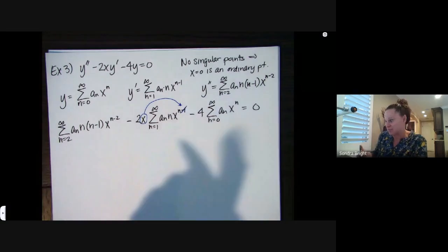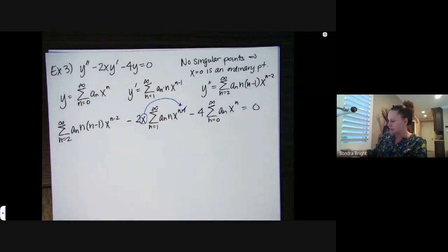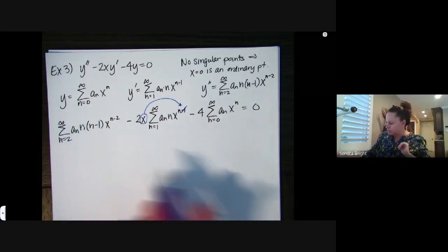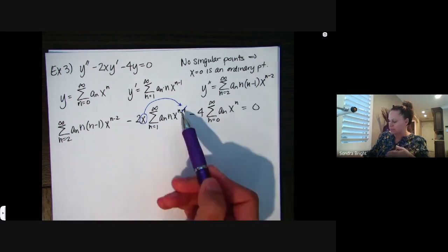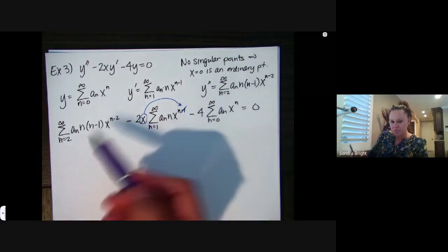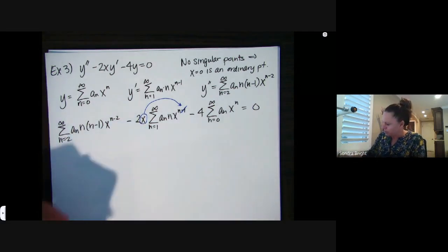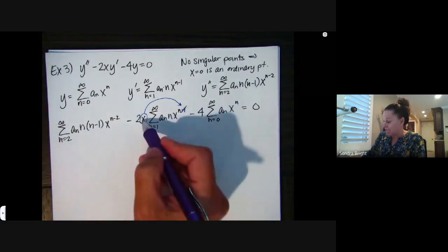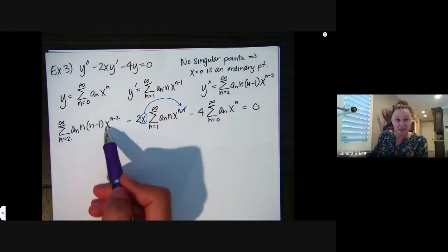If you can do that, that definitely helps, because you've got to change all these indices to match, and you want to start with the powers on x being the same. By multiplying that x, I now have x to the power of n. I have x to the power of n. I want this to be an x to the power of n.